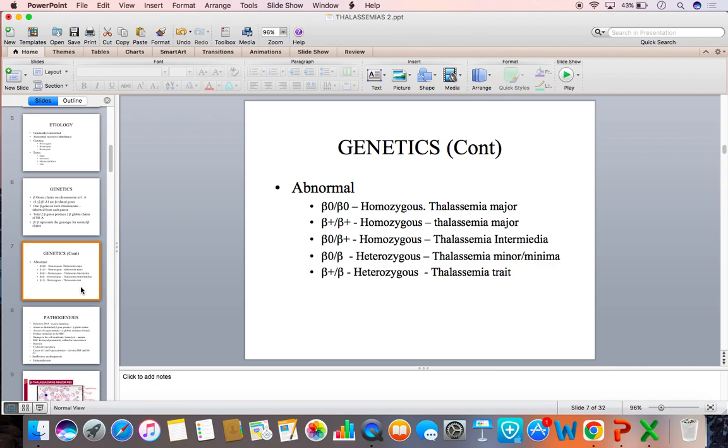Both the genes are abnormal in beta 0 and beta plus, resulting in the totally absent one globin chain and reduced quantity of the other beta globin chain. But the defect is in both the genes inherited from the parents. So that's why it is homozygous. It results in thalassemia intermedia. Right? So thalassemia major and thalassemia intermedia are homozygous states.